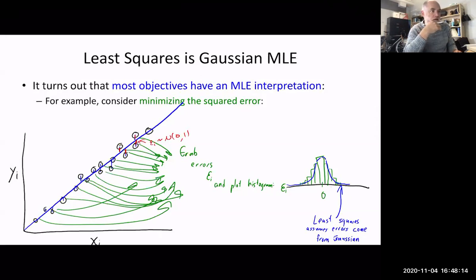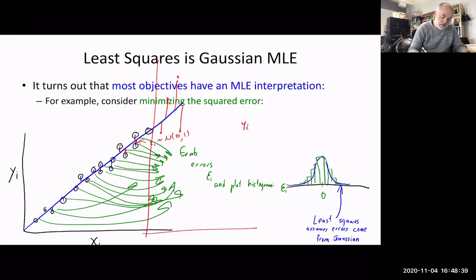So least squares isn't good for heteroscedastic data. Precisely correct. If you know, for instance, that over here your errors are larger, you can always write yi is distributed normally about W transpose xi plus some function of xi. That's totally fine.